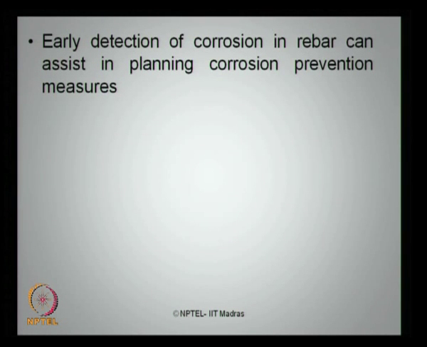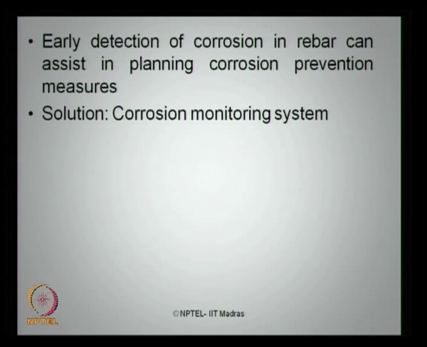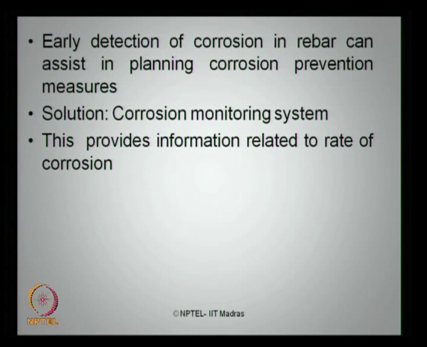Early detection of corrosion therefore is a very important stage in planning the corrosion prevention measures. The solution could be what we call a corrosion monitoring system. We will discuss this system in detail and as applied to various examples in the 4th module. However, now we will see very briefly what a corrosion monitoring system is. This provides information related to the rate at which the rebar is getting corroded.